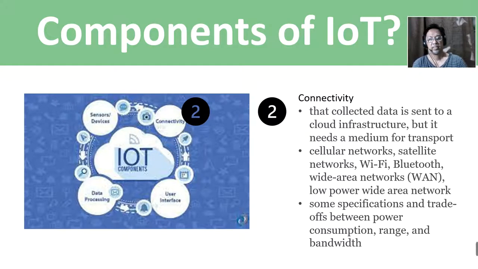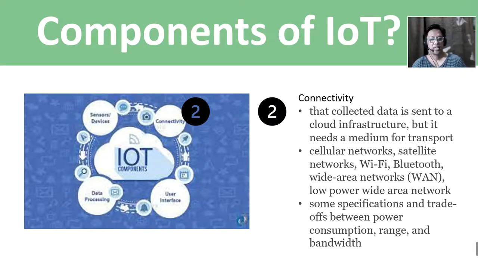Next is the connectivity. The collected data is sent to a cloud infrastructure, but it needs a medium for transport. So the medium can be the air, it could be the fiber optics, or it could be your copper wire.